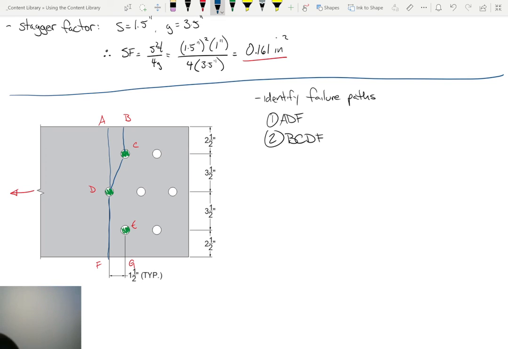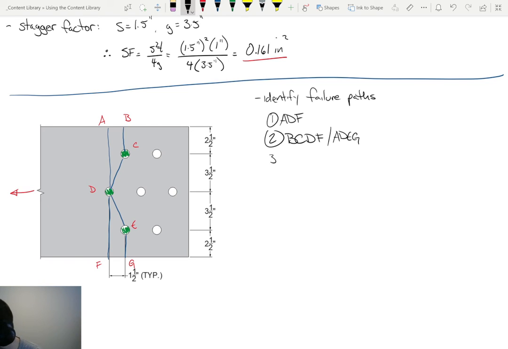Now, similarly, I could also do A, D, E, G, but look at the dimensions. Let's pay attention to these two paths right here. I have two diagonal paths in either of these options, but both of those diagonal paths have the same S value, the same G value, and obviously the same thickness. So mathematically, they're not going to result in a different answer. So we can group those together.